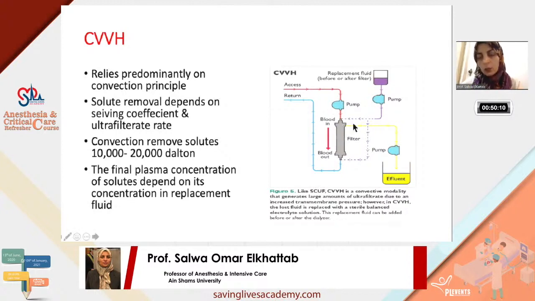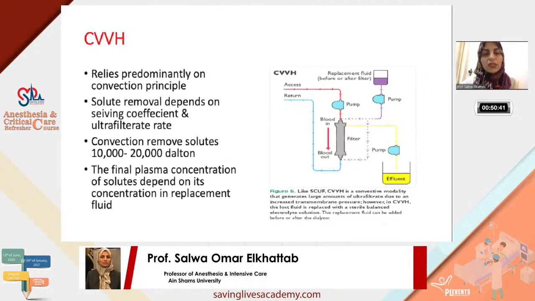Some excess fluid, and maybe excess solutes, will come out as effluent, to be drained, and the purified blood will go back to the patient through the venous limb of his dialysis catheter. We might add a replacement fluid to replace some of these lost fluids and solutes, or not, according to the prescription of our continuous venous hemofiltration.